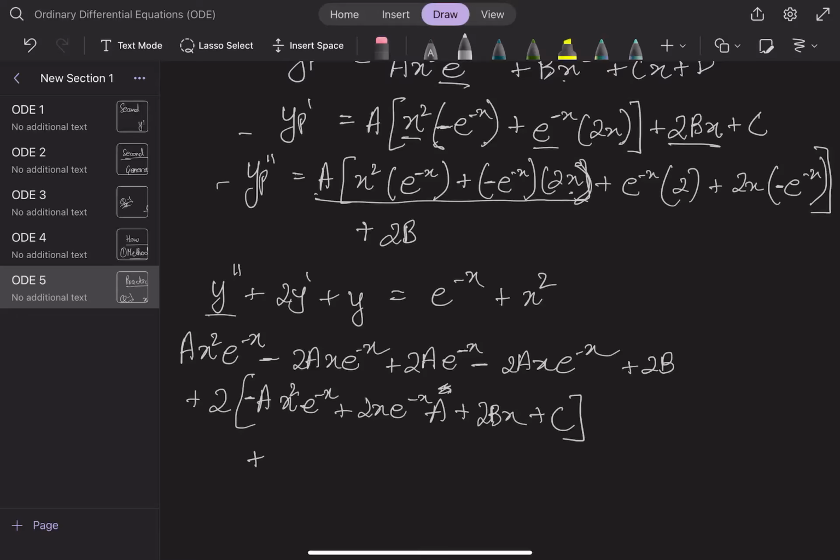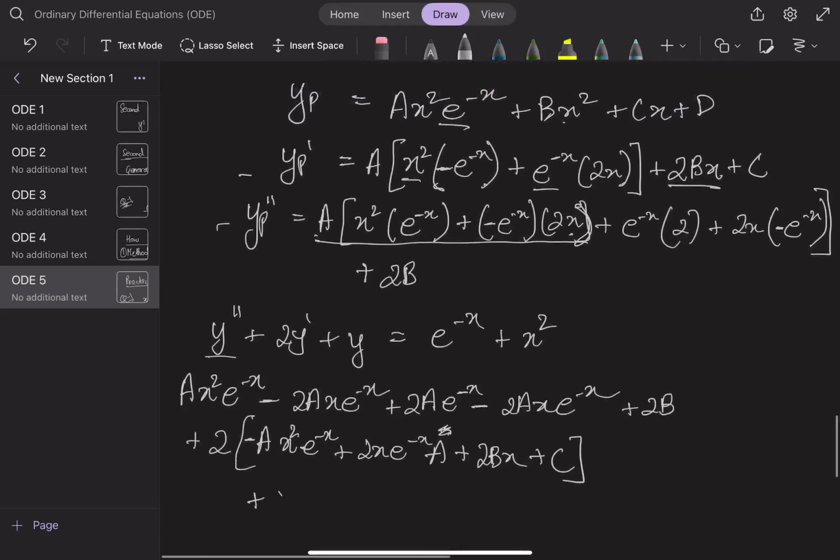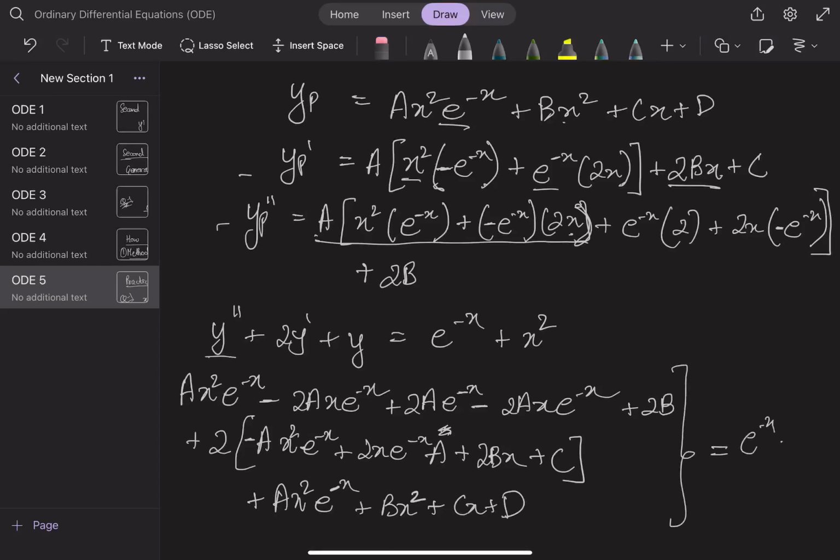Our y was ax square e raised to minus x plus bx square plus cx plus d. This entire thing is equal to e raised to minus x plus x square.